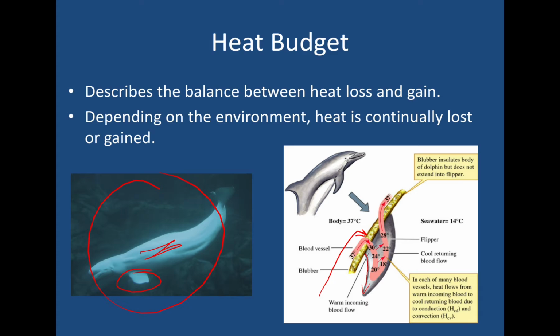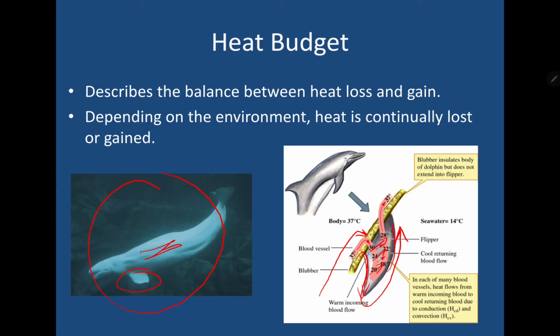Okay? But the flipper's blood flow is designed in such a way that the blood flowing back to the body, this one, okay, is placed next to warm blood flowing from the body into the flipper. So this, okay, this means that this warmer blood shares its heat with the colder blood that's flowing back into the body from the flipper itself.